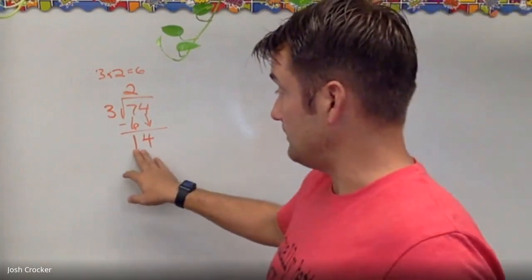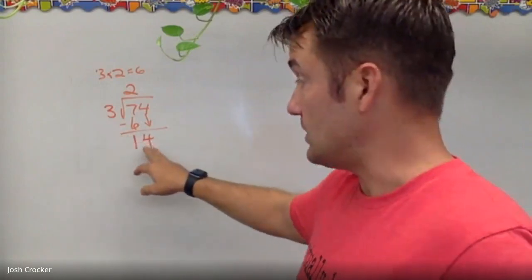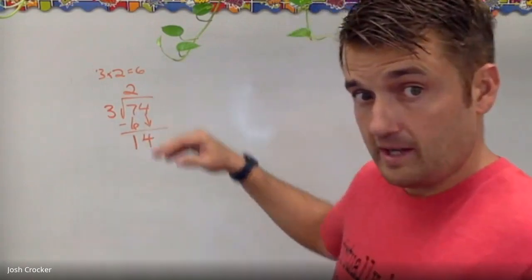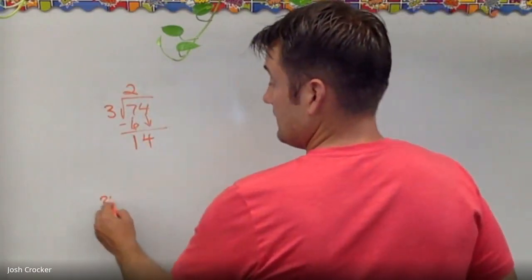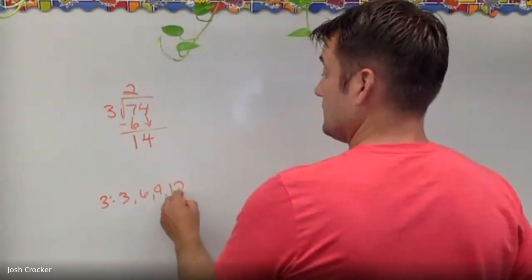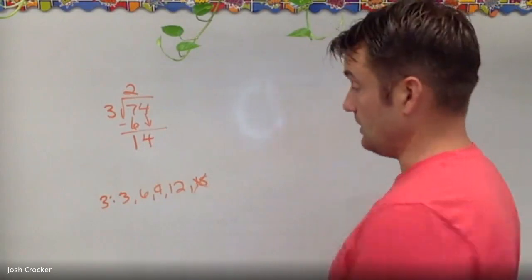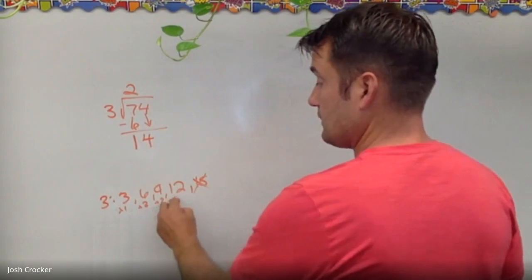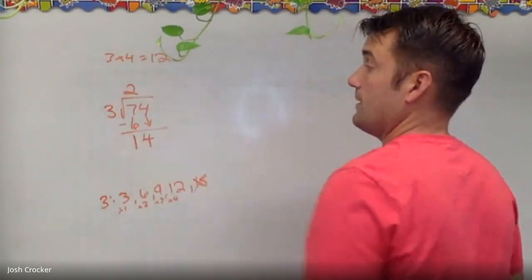I'm bringing it down. And now I'm going to ask myself, how many times will 3 go into 14? It's kind of like I've started this problem over, right? That first step again. So counting by threes, 3, 6, 9, 12, 15, I'm over. So 12 is the fact, 3 times 4 is 12.